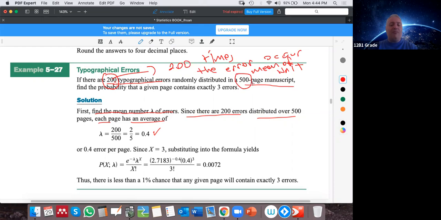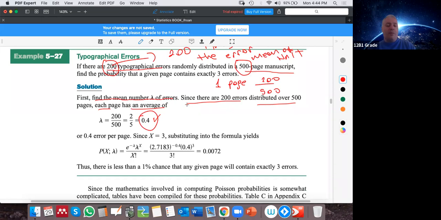Since there are 500 pages in total, for just one page the mean value will be 200 divided by 500, which is 0.4. And then the question says that when you randomly choose a page, what is the probability that on that page there are exactly 3 errors?